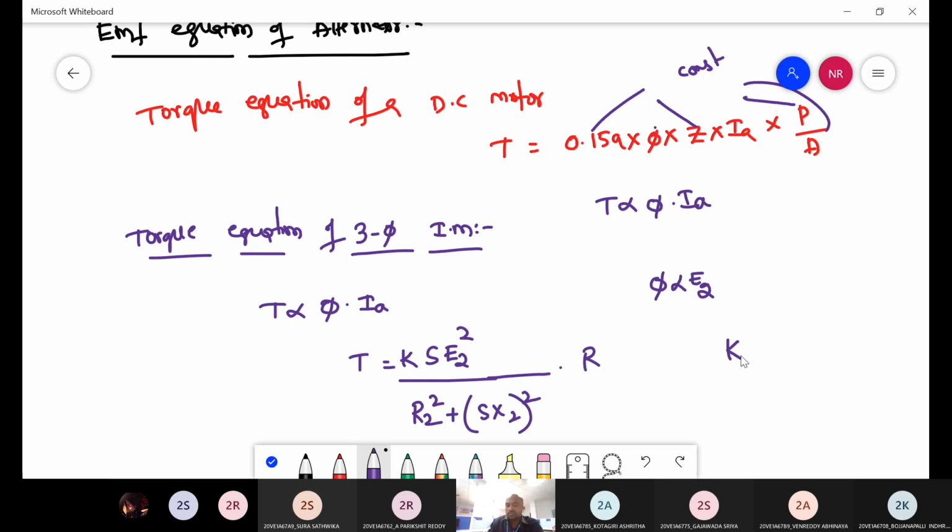Here K is also some constant, that is 3 by 2 pi ns, small ns. What is ns? Synchronous speed. These are the main equations in that.